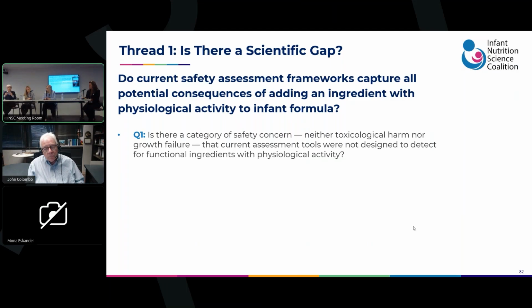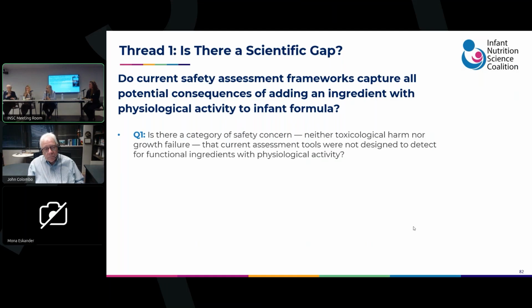And if you're designing the safety assessment, how has that been factored in? I think what we were hearing yesterday is that it's possible, but it doesn't necessarily mean it's happened, or it may not have happened in a way that's obvious.